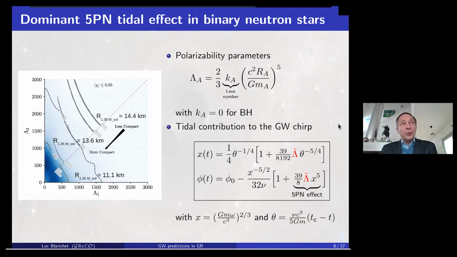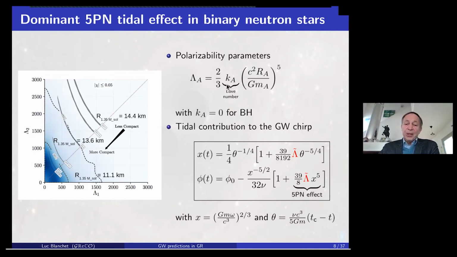So this will be post-Newtonian approximation, but in the framework of effective field theory, where you add to the matter action describing your bodies some extra terms which depend on the internal structure of the compact object. And these extra terms depend on the Love number of the compact object, which in turn depends on the equation of state of the neutron stars.